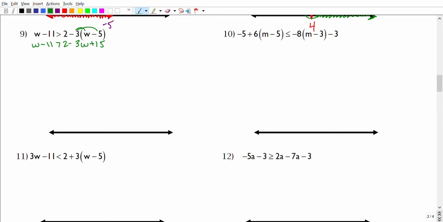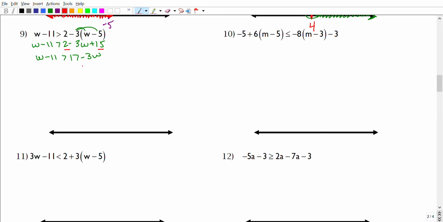Okay. Now the next thing. Can I combine like terms on either side of the inequality? Yes, I can. I can combine the 2 and the 15. So what do I get? I get W plus 11 is greater than 17 minus 3W. Okay. Now I have variables on both sides.